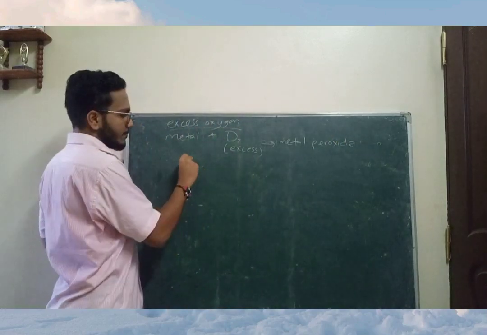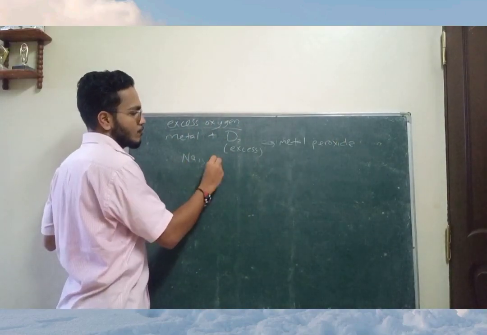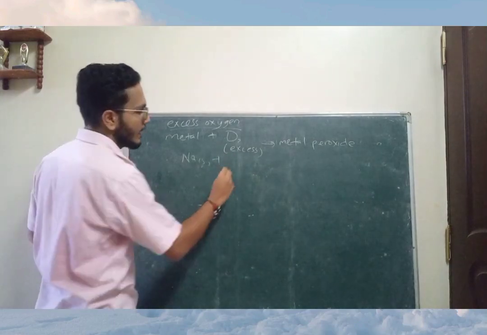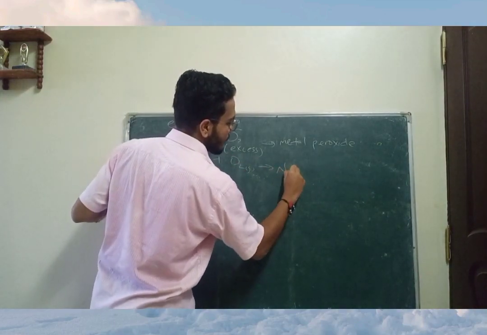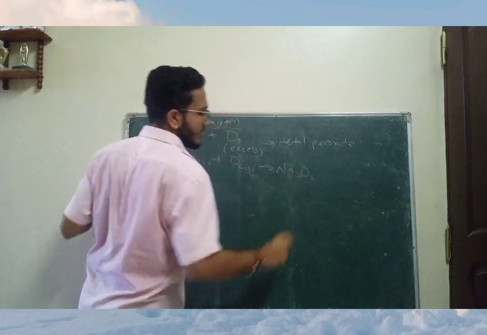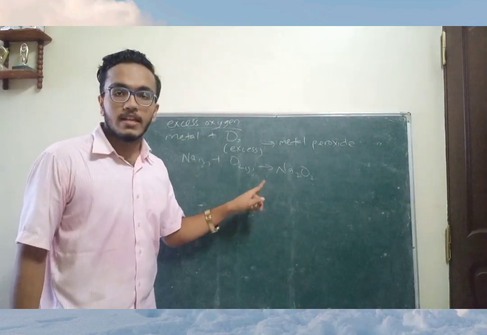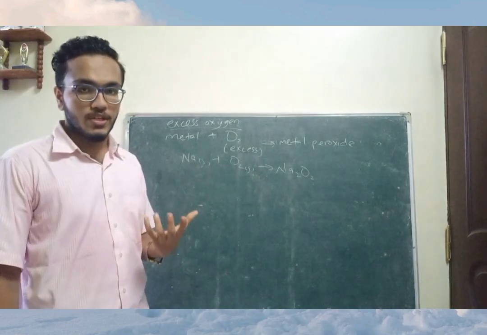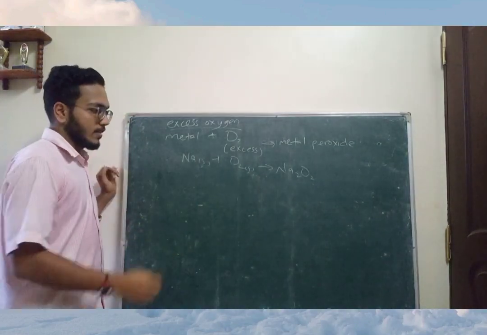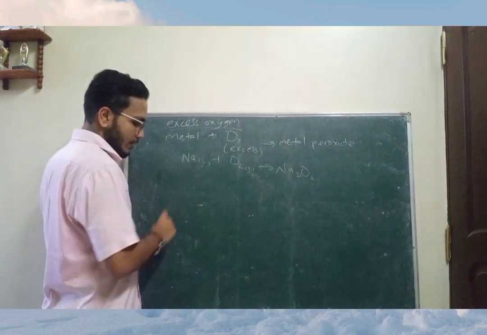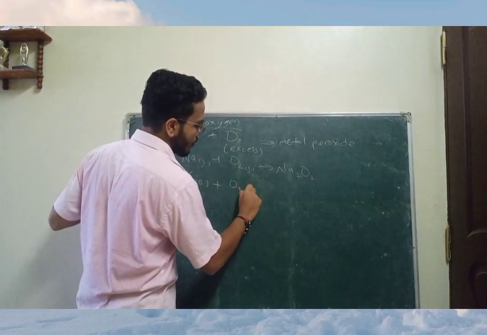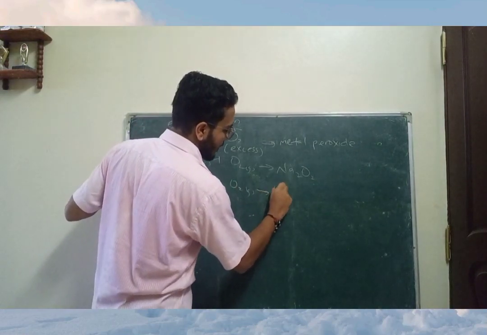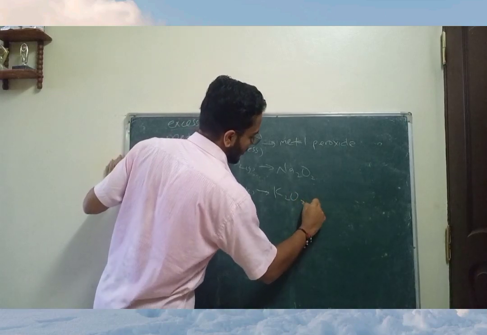So sodium, I'll just be using the example of sodium or lithium or potassium: Na plus O2 forms Na2O2. This is the formula for sodium peroxide, as we learned the formulae of special compounds in the previous lesson. Potassium is the same. Potassium having valency 1 reacts with O2 to form K2O2, peroxide.